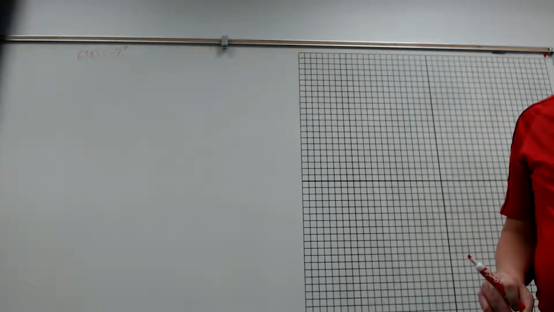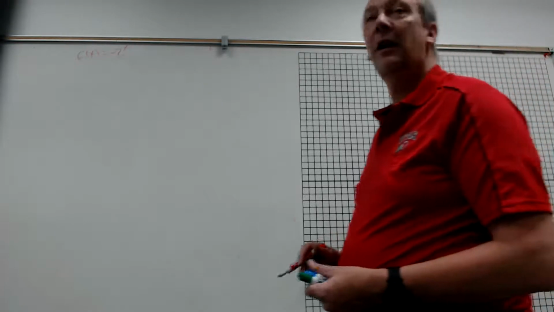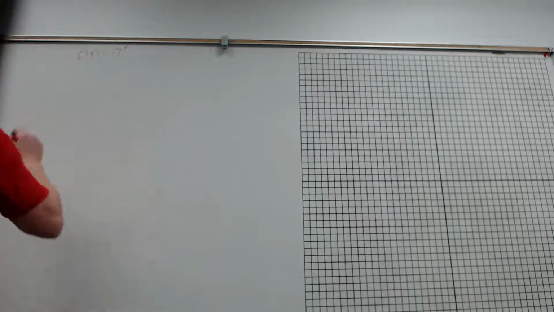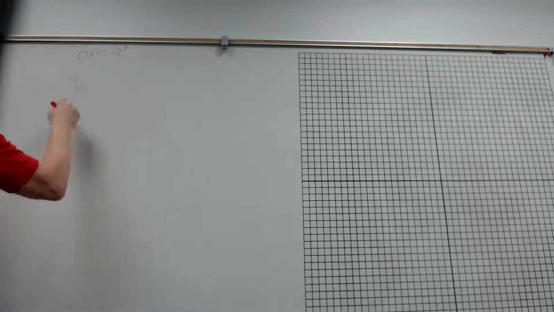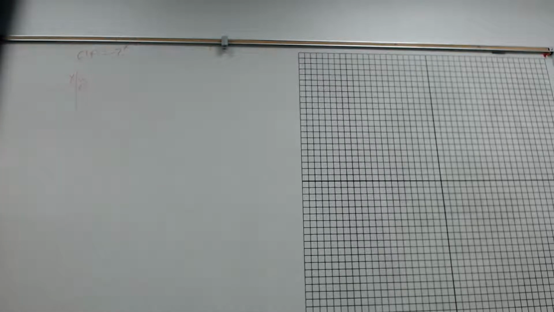So, Keegan, would you like to help me with the XY table on this one? I would love to. I knew it. I could tell by the look on your face you knew you wanted to do this one. So, what points should I pick? -2, -1, 0, 1, 2. You're going to go in numerical order. Okay, let's start down here though.